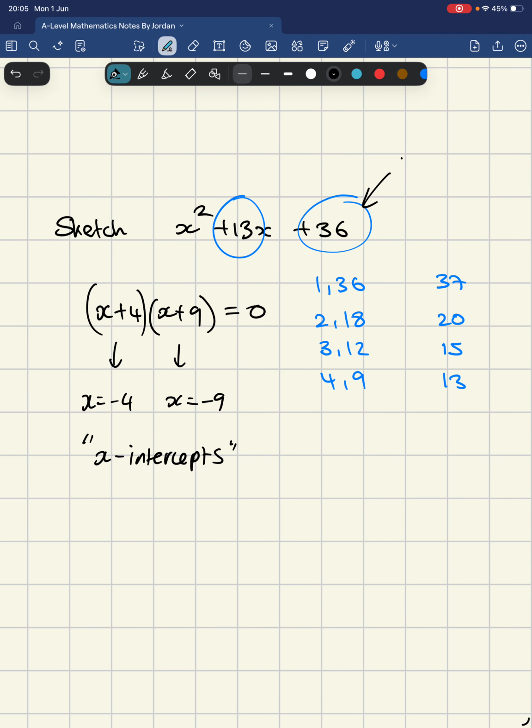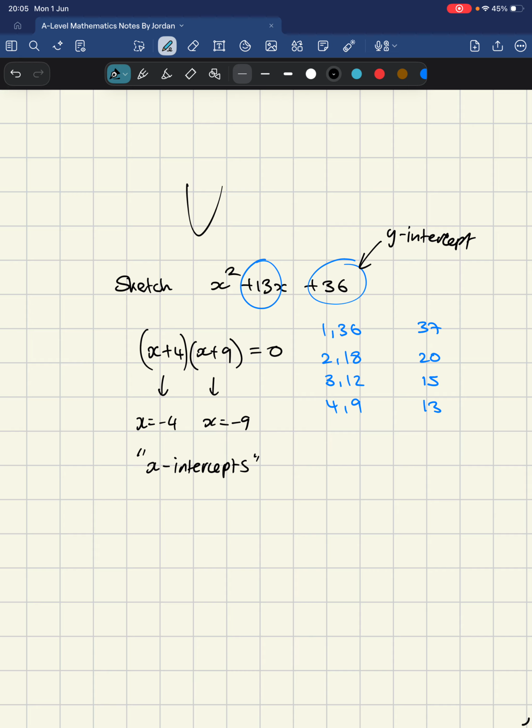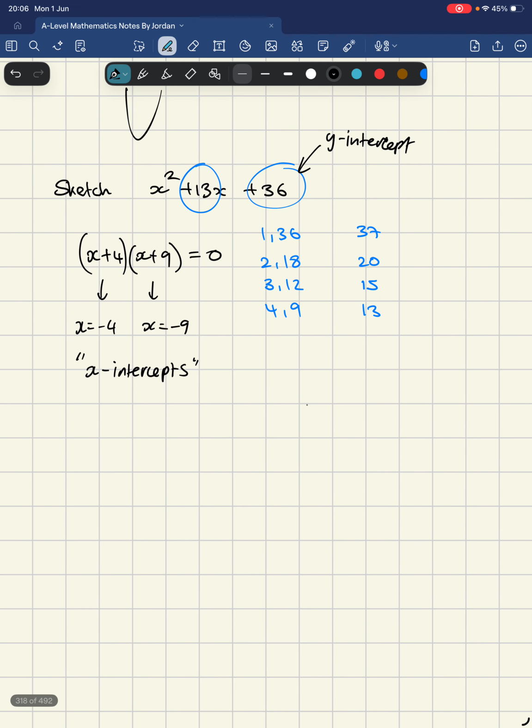Here is our y-intercept. Looking here, there's no negative sign right there, is there? So that would mean it's going to be a U shape. And so I can go ahead and sketch this. Remember, it's just a sketch. What you should be doing here is looking at your numbers.